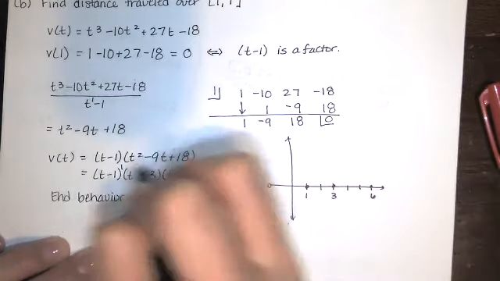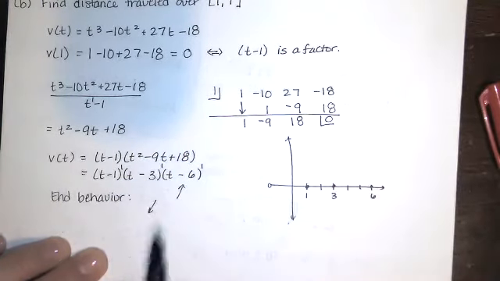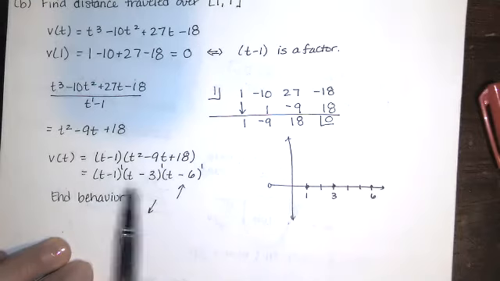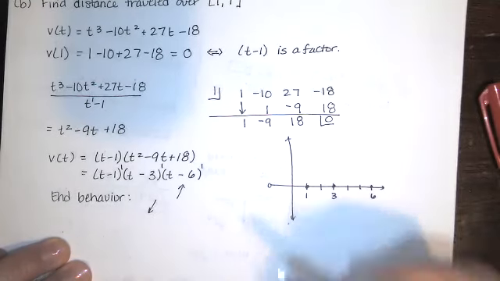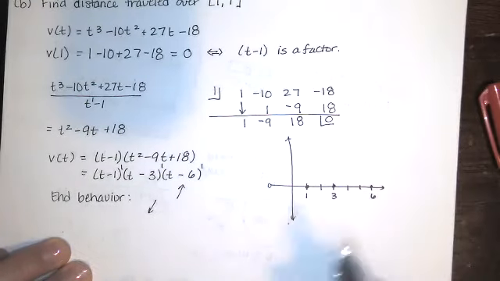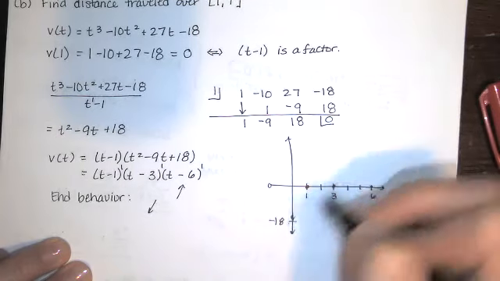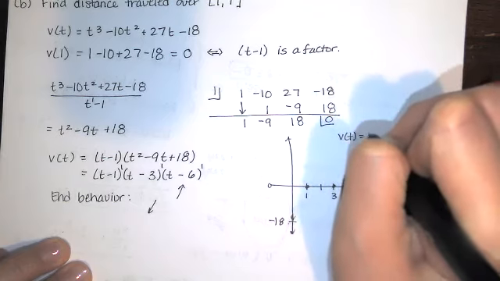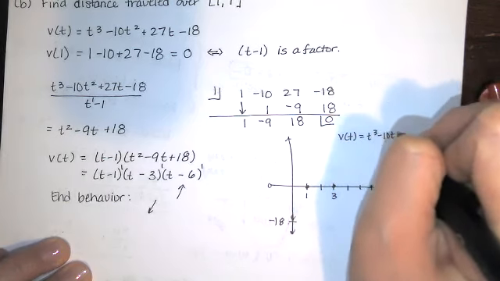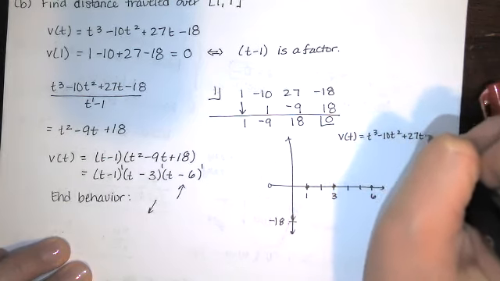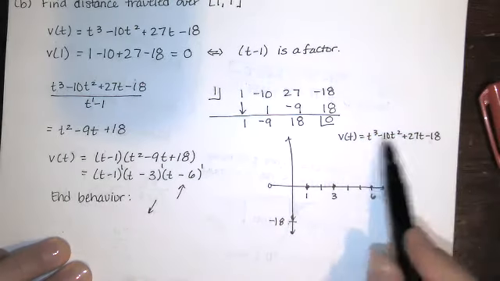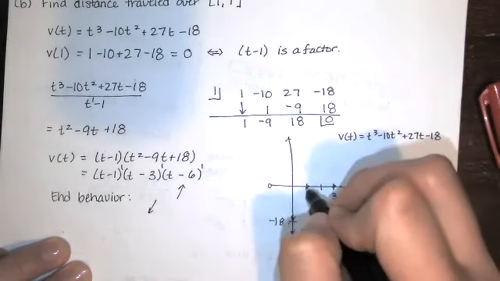That's because the multiplicity of each of those zeros is 1. And it's going to cross over here at -18 because the function was v of t equals t cubed minus 10t squared plus 27t minus 18. So when t is 0, we get -18. So this is not to scale.